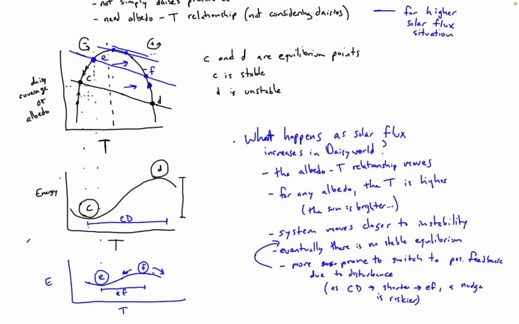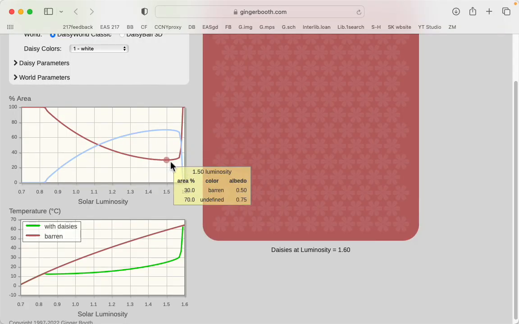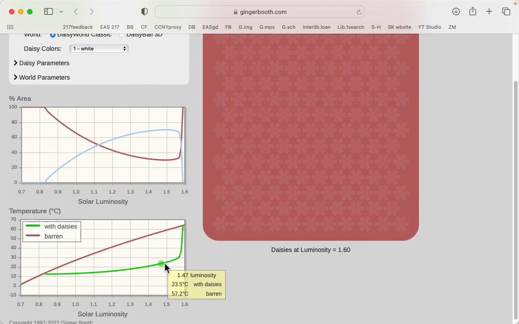This diagram, with these intersecting lines, is a graphical way of visualizing the math going on behind the scenes and actually calculating, for any particular combination of circumstances, what the temperature is going to be and how many daisies there are going to be, and then when it's going to switch.